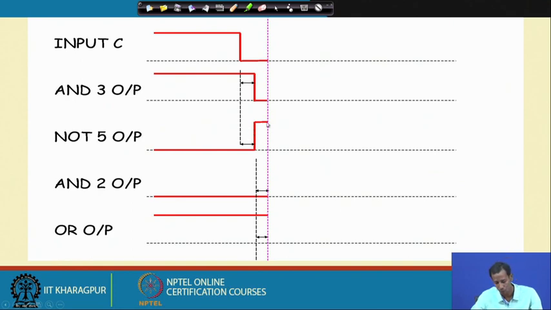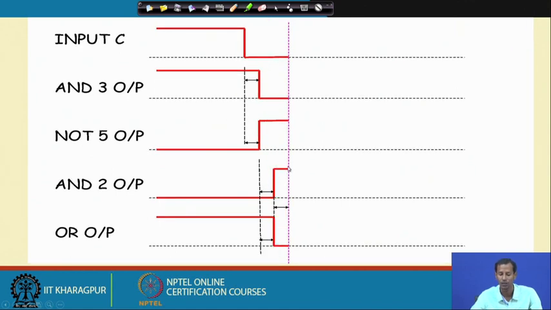Whenever this output is changing, after some time N2 will be changed. N2 is now changed because this NOT is changing to 1. So, 1 and 1 will be 1. The OR output will again change to what?